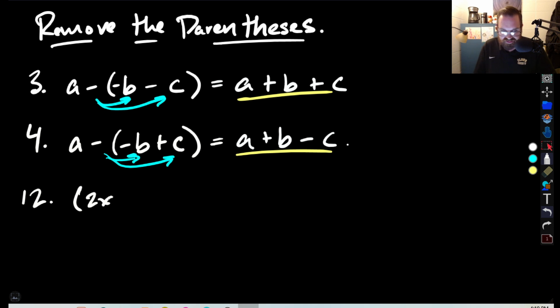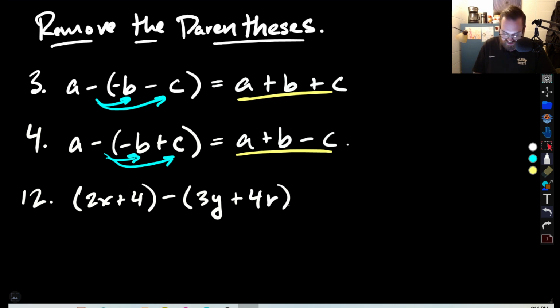So this one's a little different because we have to just apply the parentheses. I don't think we're combining like terms yet. Well, let's just take a look. X, that's a number with no X. That's a Y, that's an R. There's no like terms, so we can't combine them.